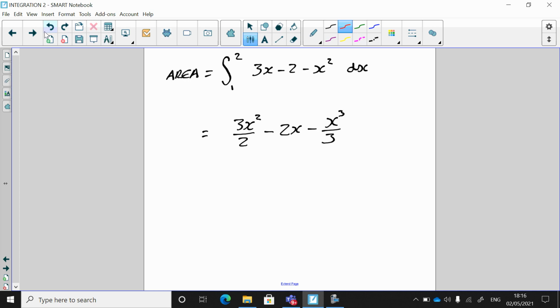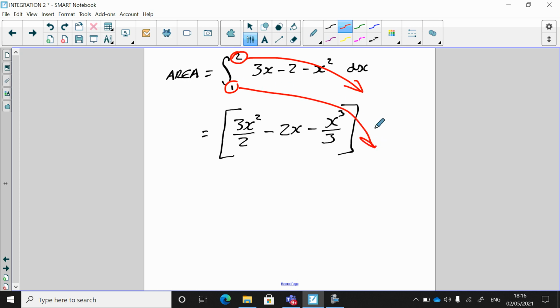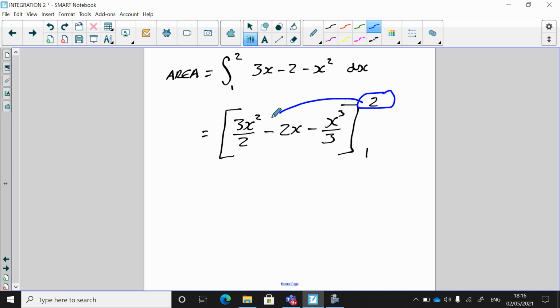Okay, let's box up and take our limits. Usually they take the limits and put them there, it doesn't matter. We're now going to take these limits and, anywhere you get x, you put it in.